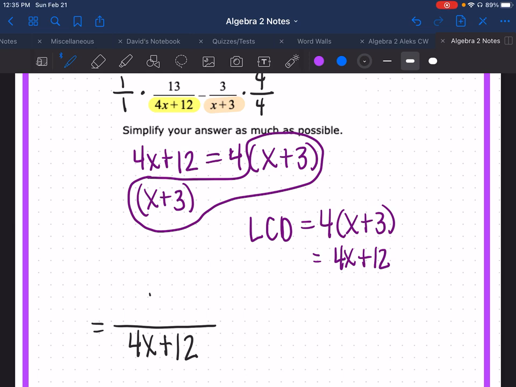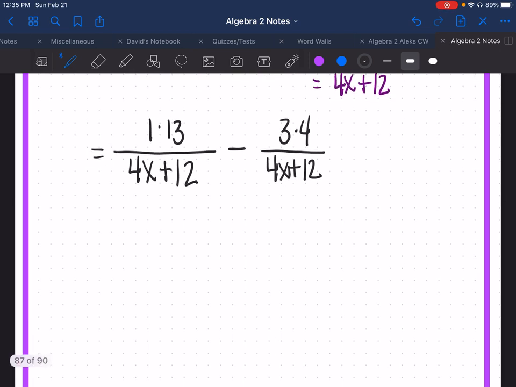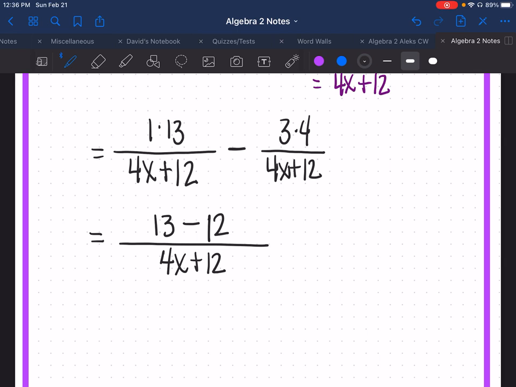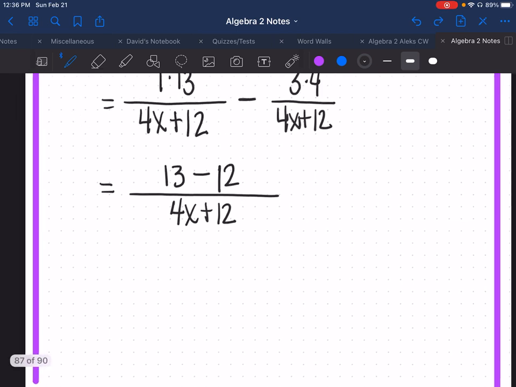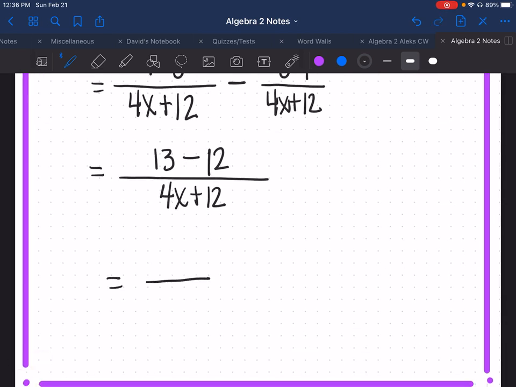And I'm going to have 1 times 13 minus, I forgot to remind myself I was subtracting, and then 4x plus 12 and 3 times 4. 1 times 13 is 13, and 3 times 4 is 12, so I have 13 minus 12. 13 minus 12 is 1, so I have 1 over 4x plus 12.